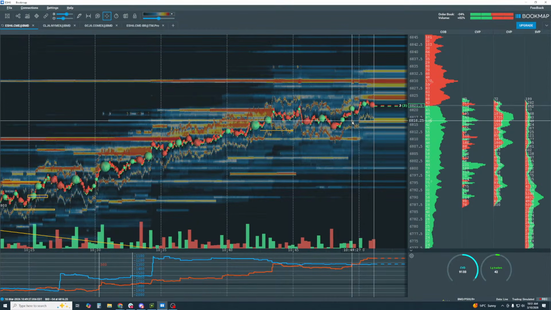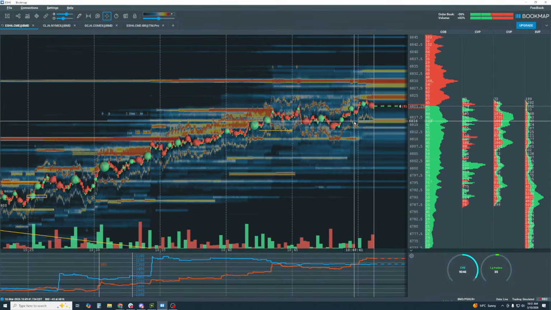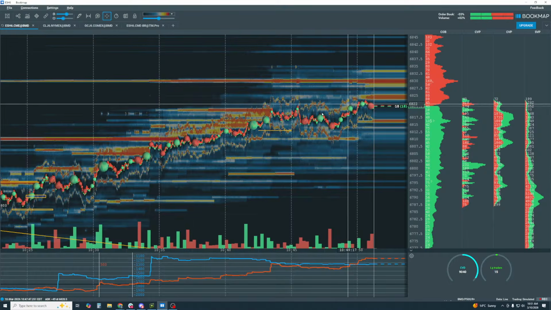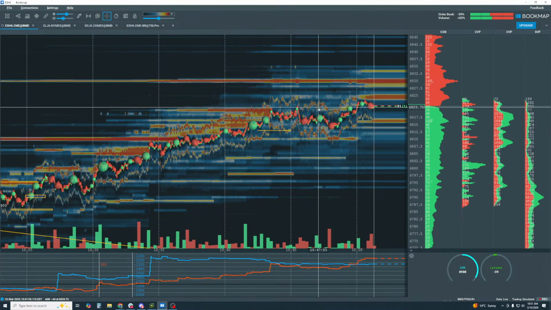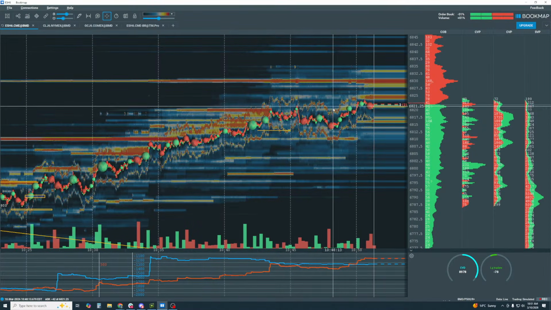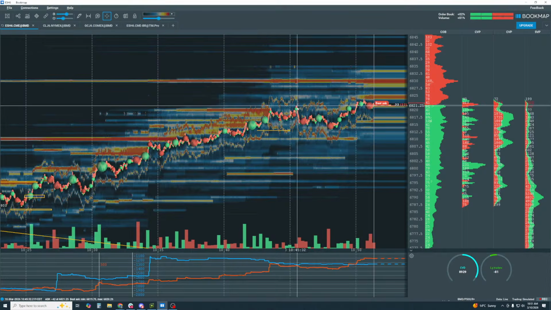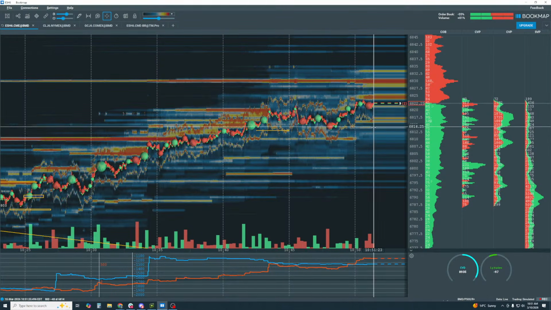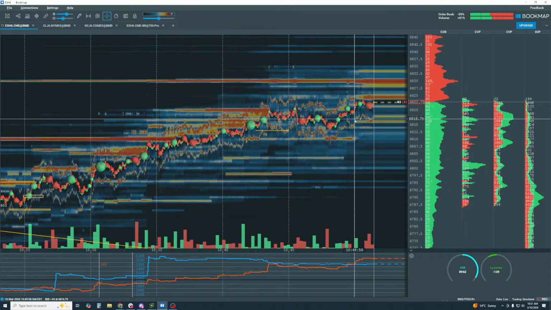You could move it up to about here, 16.5 or 16.25 as well. It's a little more aggressive, but it's kind of the same here. We want to see a decisive break here of 20. Then I can bring it up here.